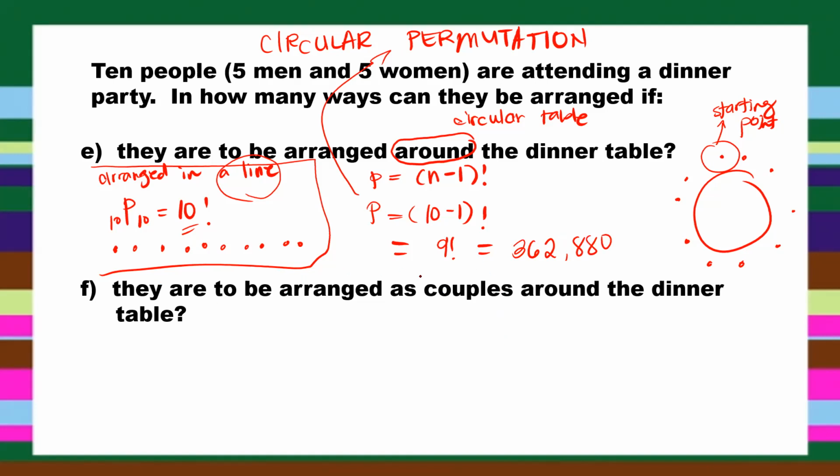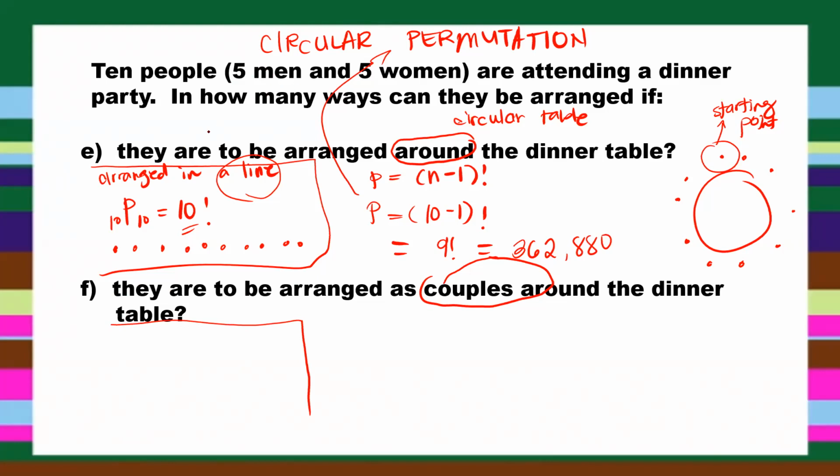If they are arranged as couples, they are arranged as couples around the table. Ano na natin ginagawa pag as couple? Dito sa line, ginagawa natin pag as couple, we count them as 1.